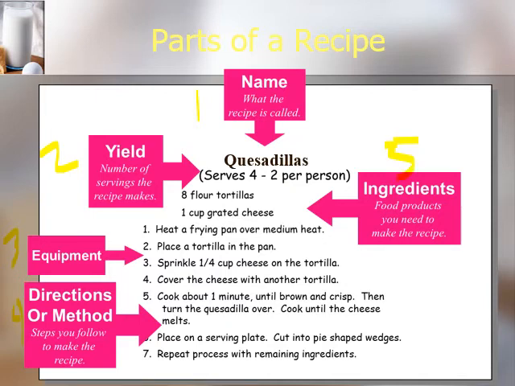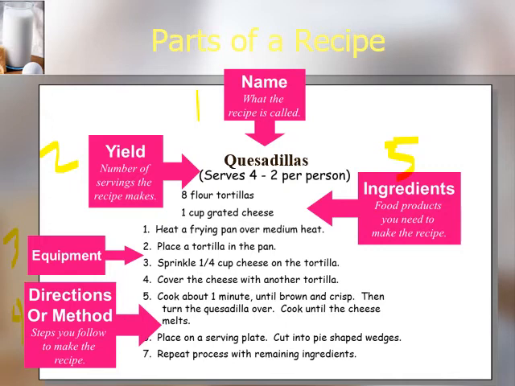Okay, so number 1, the first part of a recipe is going to be the name, and that is what the recipe is actually called. In this example recipe, quesadillas is the name of the recipe. The second thing that you're going to see is something called the yield. This is the number of servings a recipe makes.